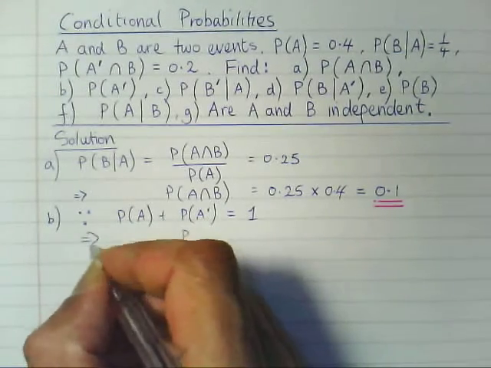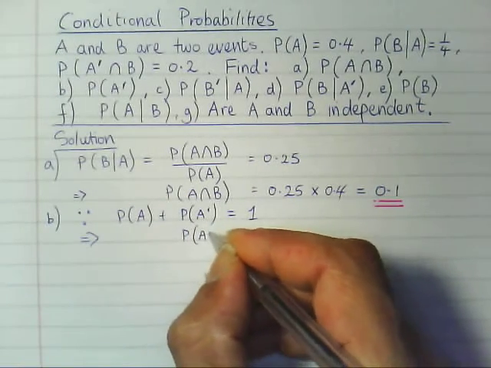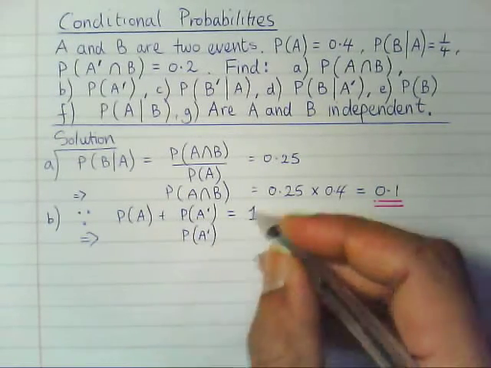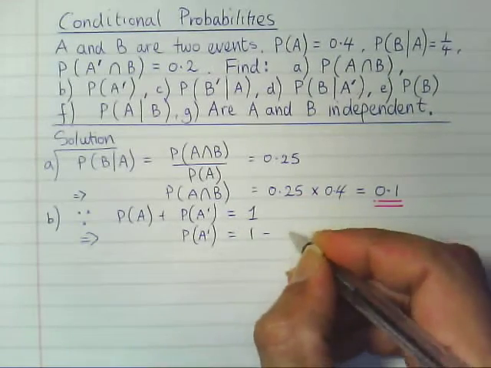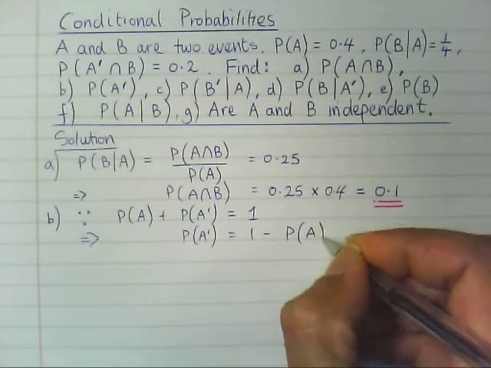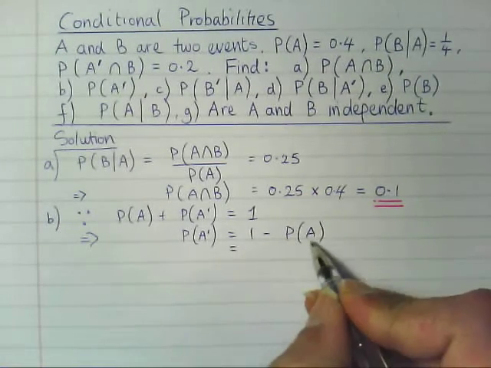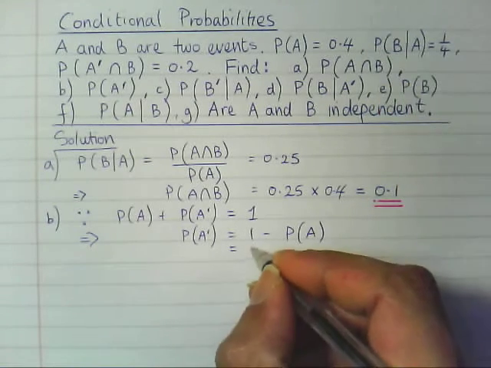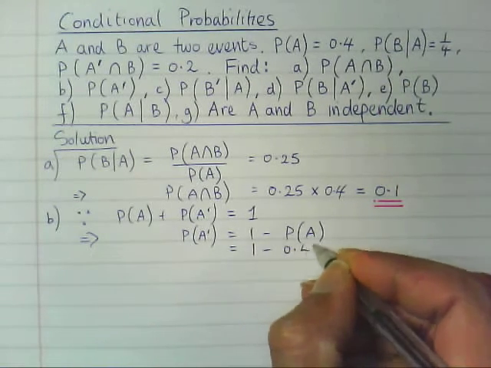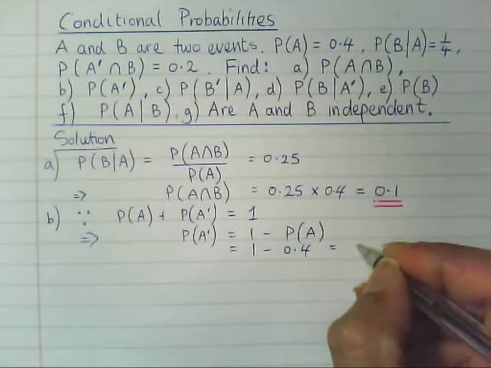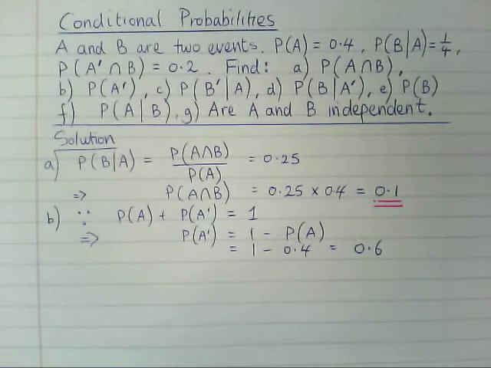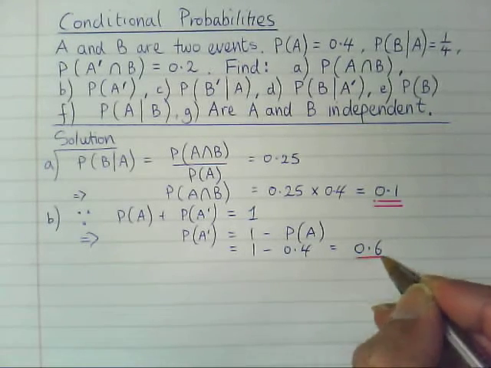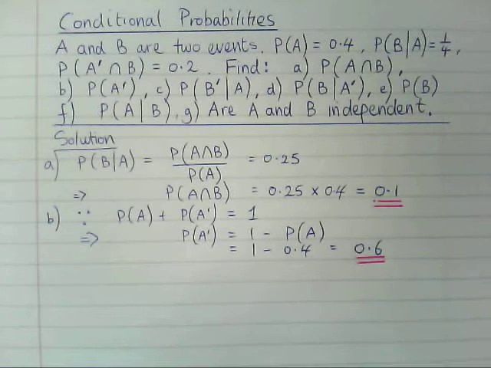So this implies that the probability of complement A must equal 1 minus the probability of A. So we are told what the probability of A is, so we can use this information. And so we can find out that the answer is 0.6.